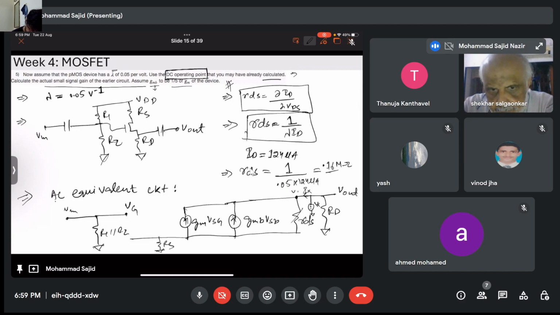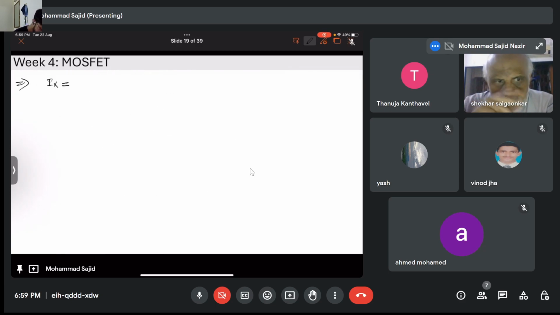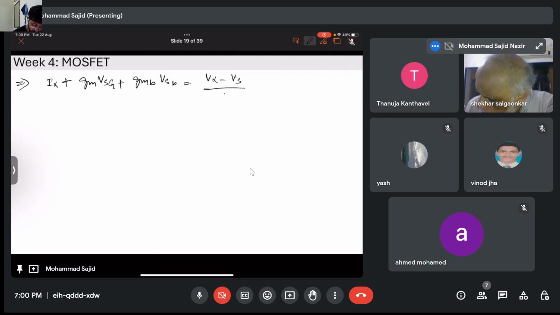This is your Vx, this is Vs. Again, this Ix will be equivalent to Vx minus Vs by Rds plus these. These are coming towards the node, so I have to write it this way. Ix plus Gm Vsg plus GmB Vsb is equivalent to Vx minus Vs by Rds.